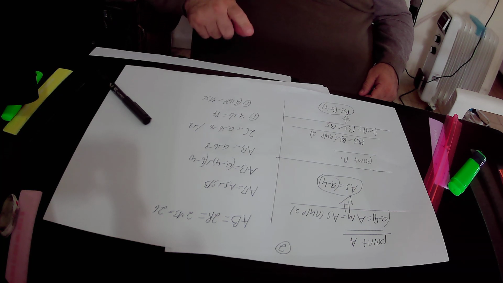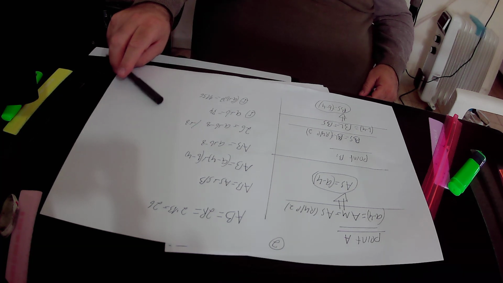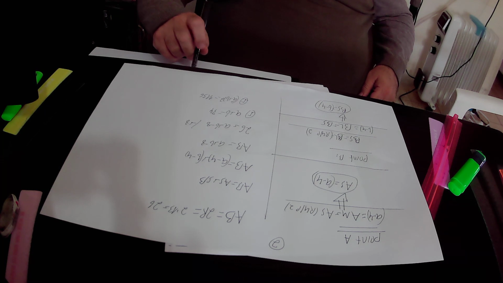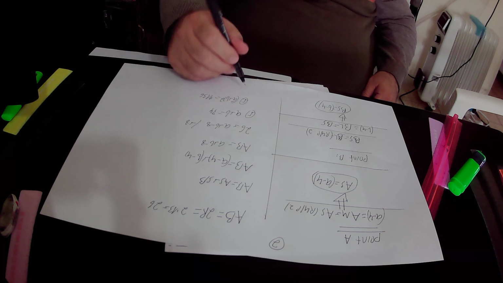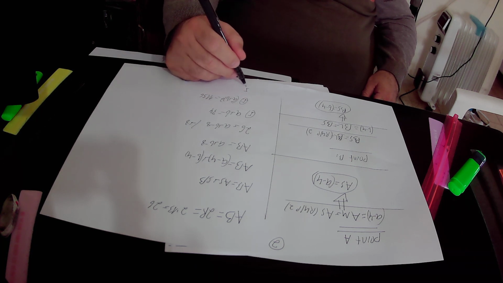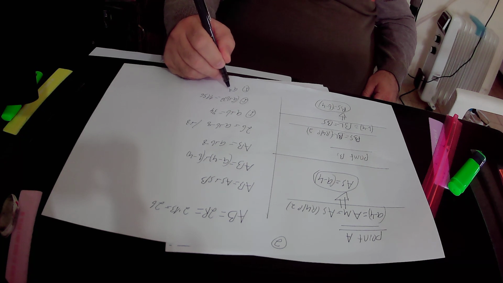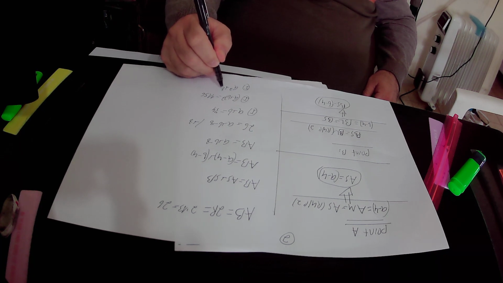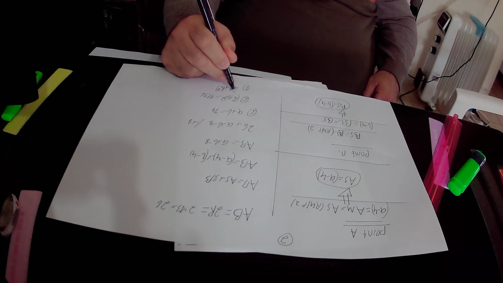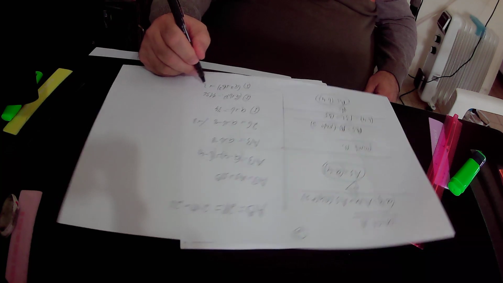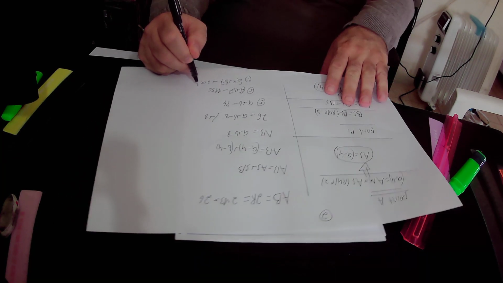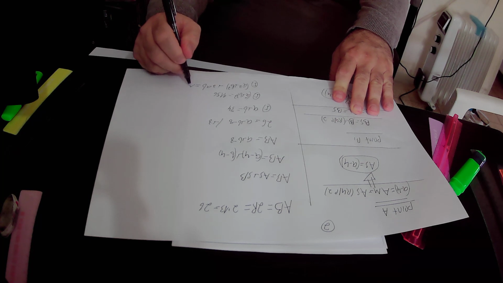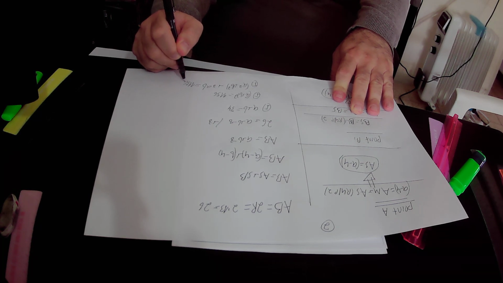We'll open the brackets on this side of the equation. According to the algebraic identity, A plus B squared equals A squared plus B squared plus 2 times AB, and it is equal to 1156.